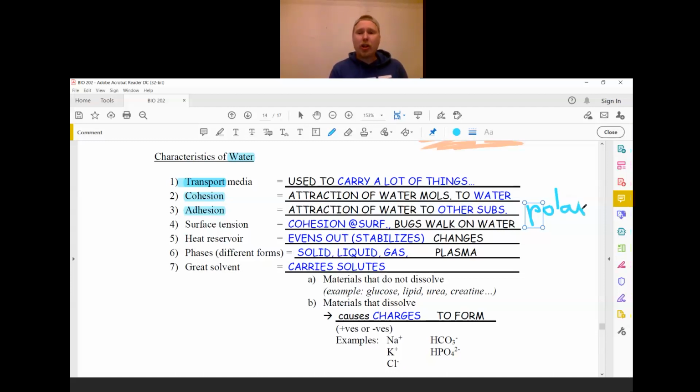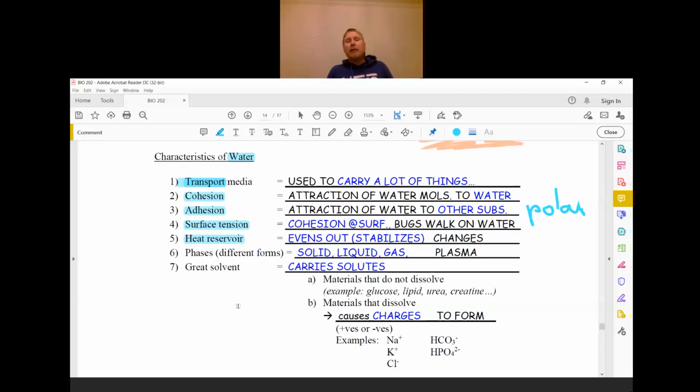In addition, we know that water holds a high surface tension. This is because of the cohesion and allowed, for example, many bugs to walk on the surface of the water and so on. Water also worked as an amazing heat reservoir, so binding heat and releasing it slowly.